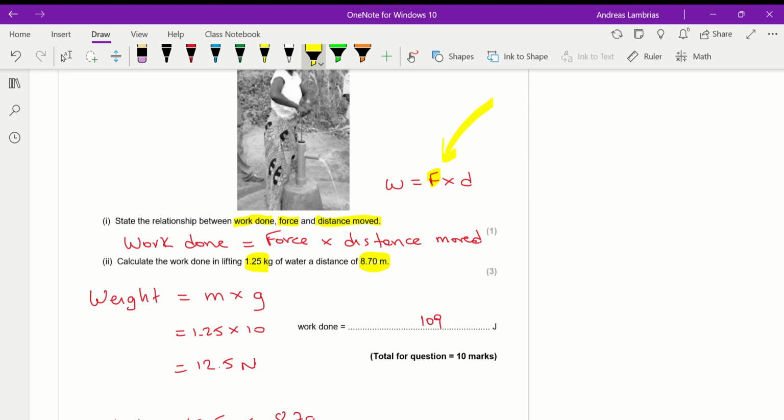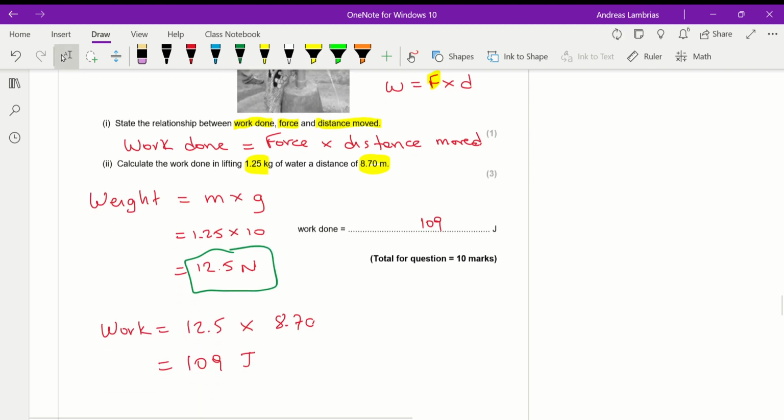In reality, it's 9.81, but at the IGCSE level, g is considered to be 10. So multiplying the mass with g will give me the weight, which is a force. So we have the force of 12.5 newtons, and then we apply the formula for work using the distance that is given, and we see that the work done, the energy transferred, is 109 joules.